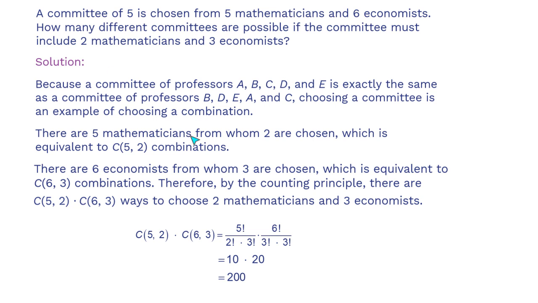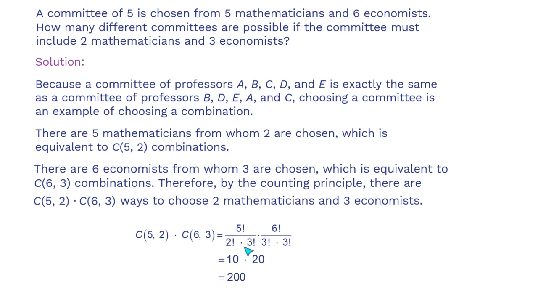Then we're looking at the counting principle because we want to see how many ways to choose 2 mathematicians and 3 economists. Then we would take our selection of mathematicians times the selection of economists. So we need to figure out what this is. So we have C(5,2) and C(6,3). For the first one, we have 5 factorial, and then we're going to have 2 factorial. The 3 factorial, where does that come from?